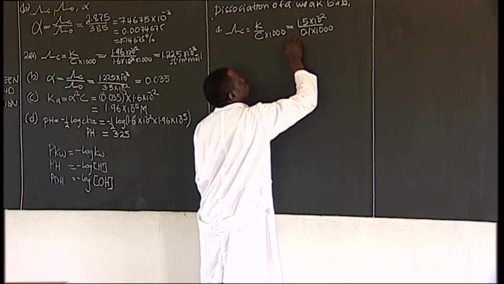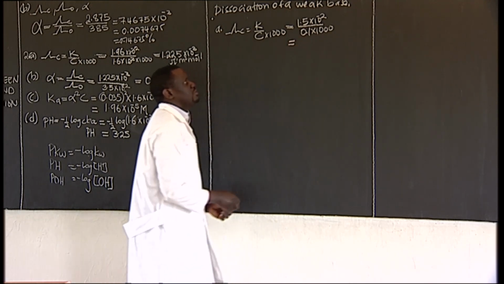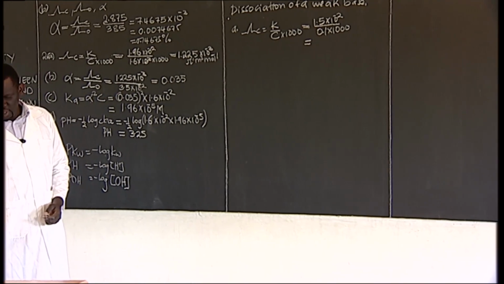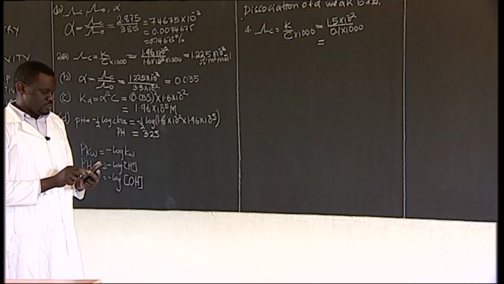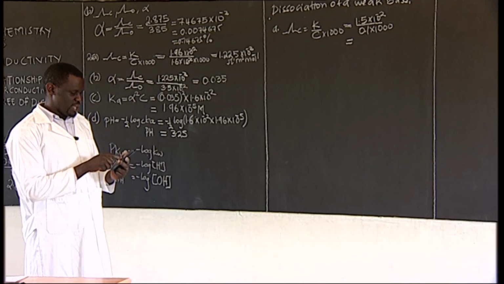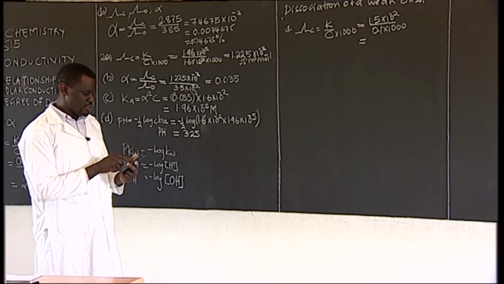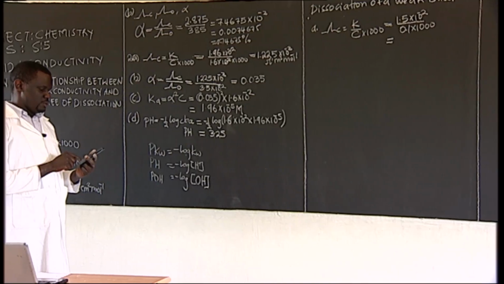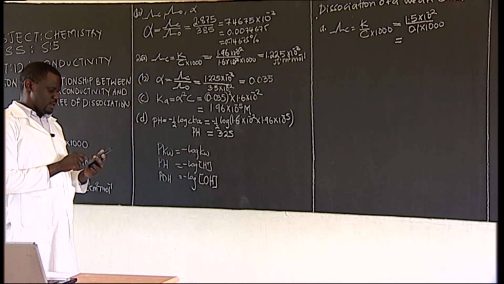So let's put it down here. You can help me to calculate that value. These people who are mathematicians can tell us the answer even before we calculate. So divide by 0.1, divide by 1000.